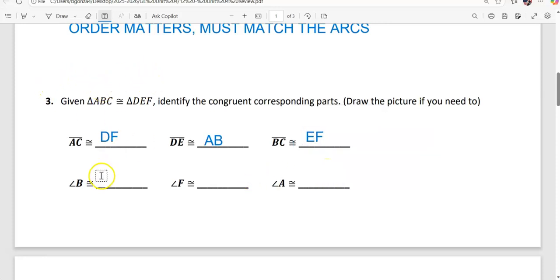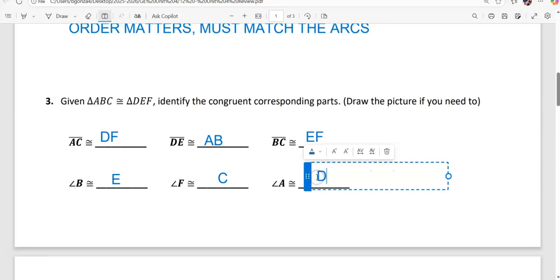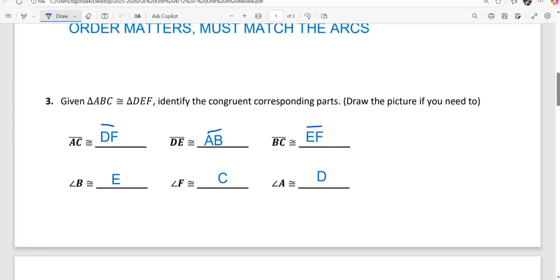B is in the middle, E is in the middle. F is the last, C is the last. A is the first, D is the first. Just remember these are segments, and these are angles as well.